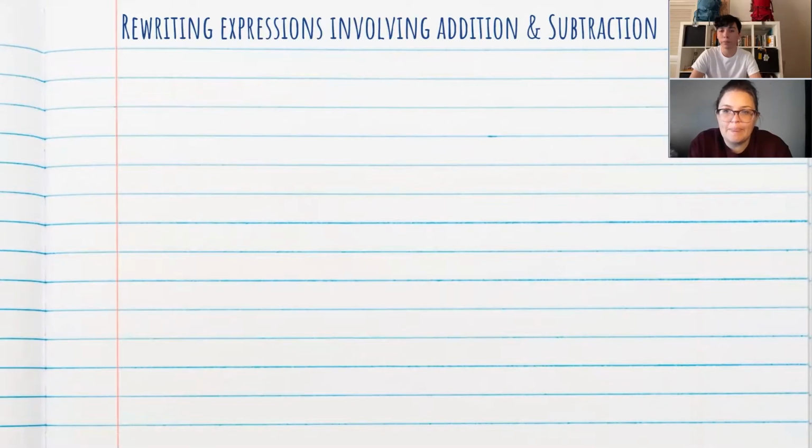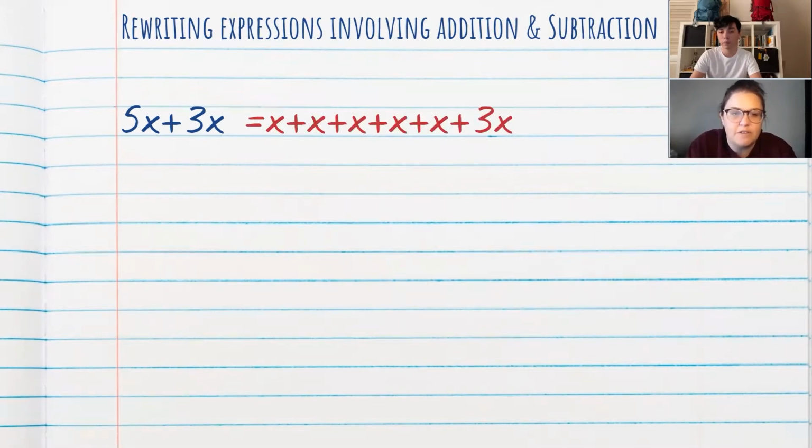Okay, so let's start off with this expression. Notice that an expression doesn't have an equal sign. It's just a combination of numbers and variables like Miss Hilton said. So Miss Hilton, if we were supposed to expand this out, what would our first step be? Well, since multiplication is repeated addition, we could start with the 5x portion of the equation and write it out as individual x's.